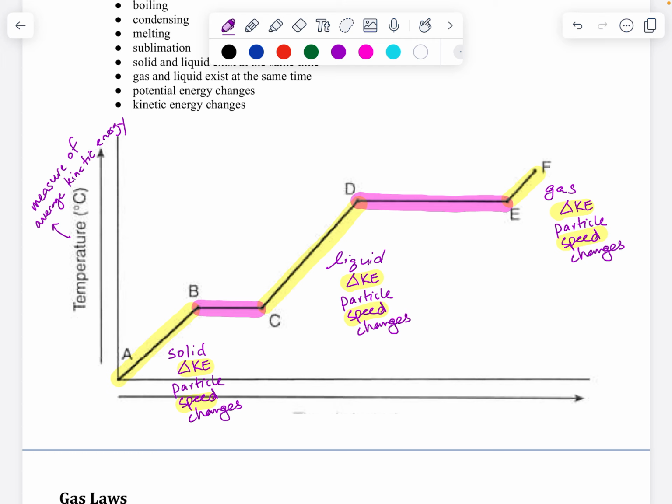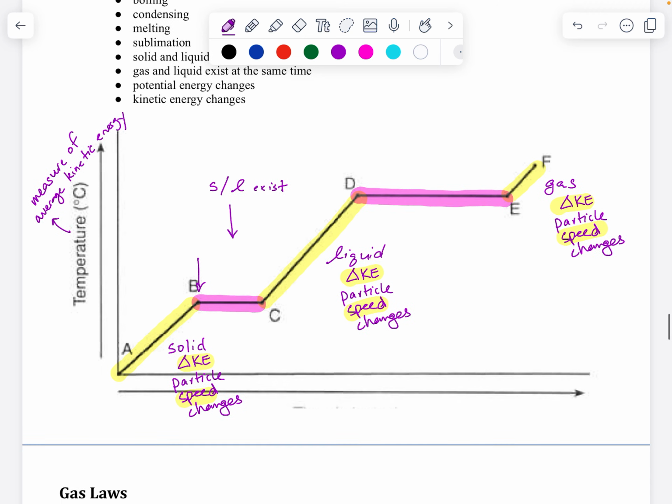And at these parts, we say that there is a phase change occurring, right? So what happens at these parts is that realistically, there is at this point solid and liquid at the same time. And so what's happening is, at this point, it's 100% solid, this substance, and usually we talk about this with water because that's easier to look at.